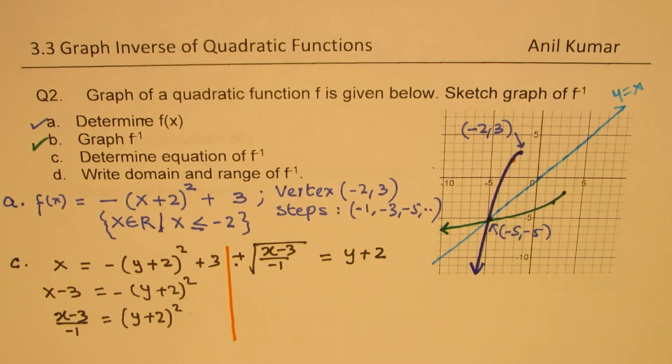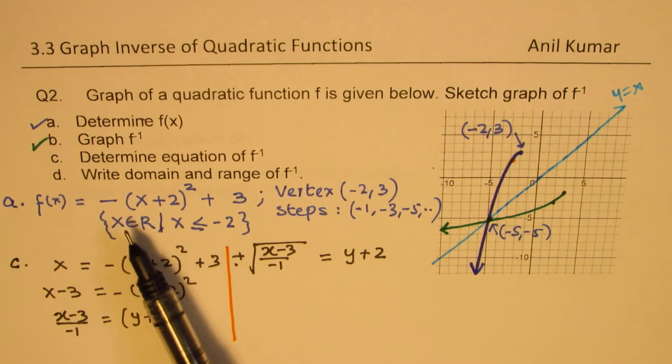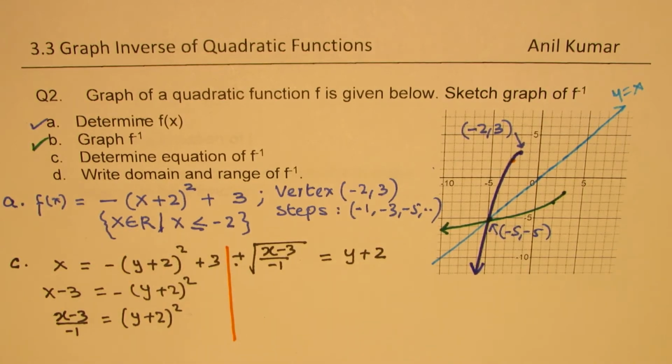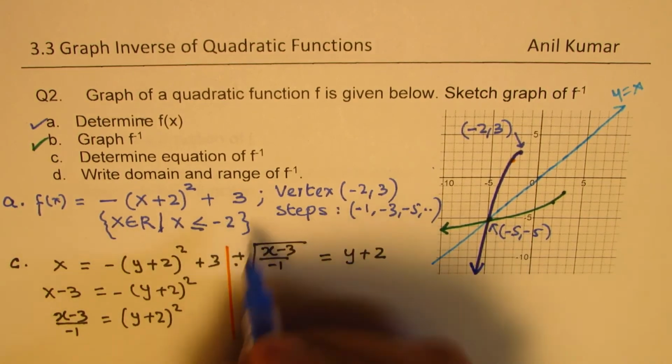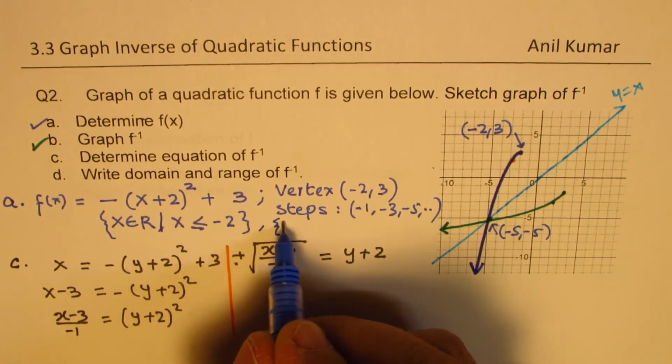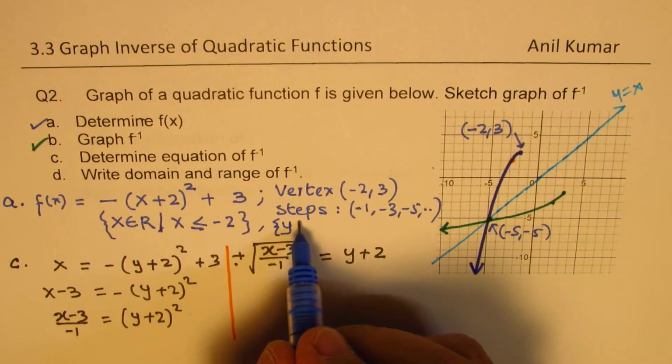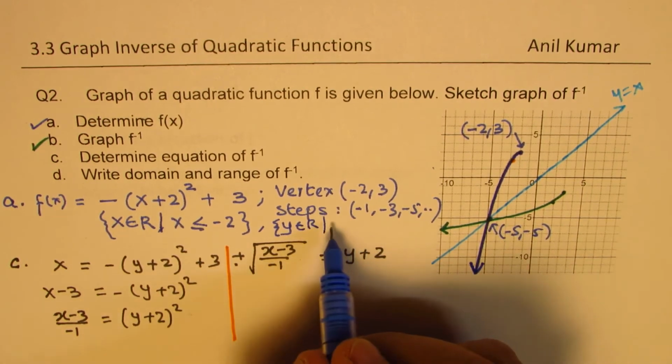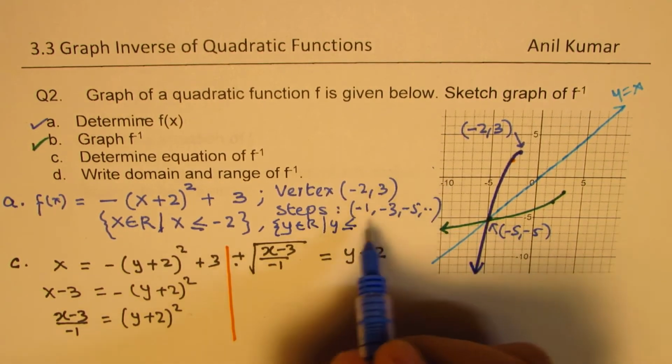Now, see one thing. When we have restricted the domain, we also know at this stage what is the range. So here, we also know that y value belongs to real numbers where y is less than equal to 3.